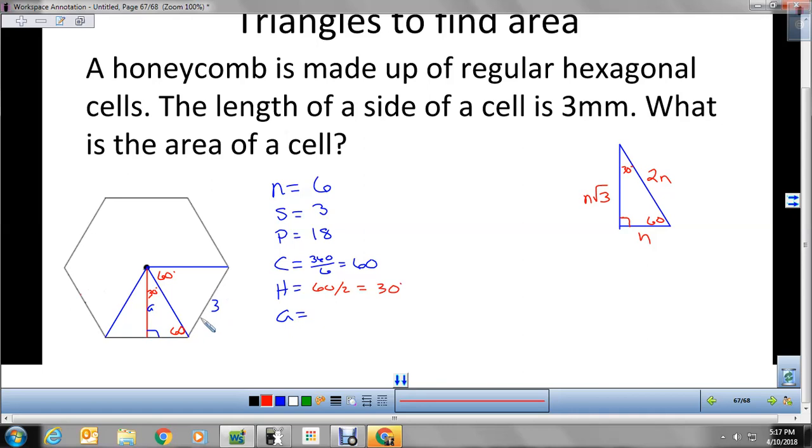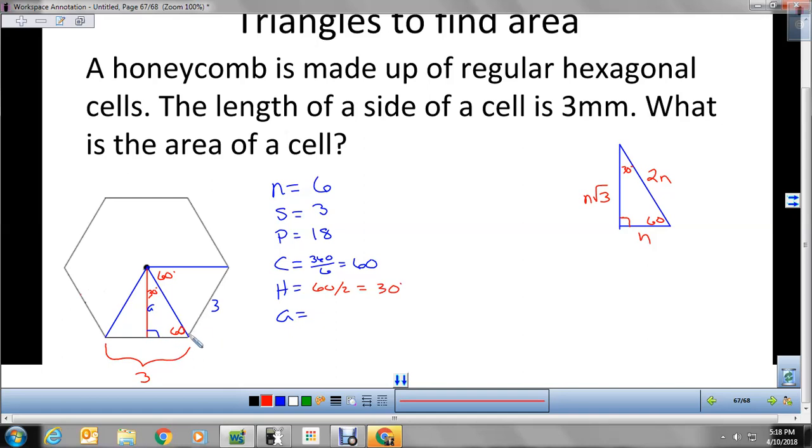Now this distance is 3, but this distance right here is, because this apothem cuts this side in half, going to be half of that distance. Now, if the problem was just to leave it in terms of a decimal, you could write this as 3 divided by 2, which is 1.5.